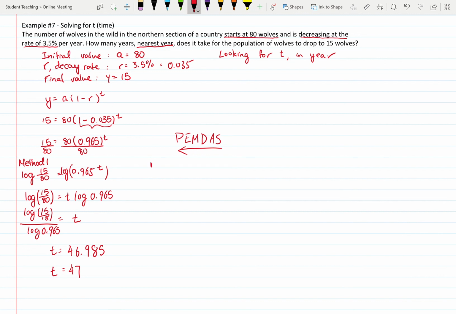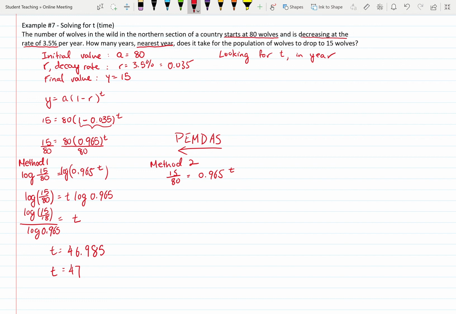Method 2 is by doing it this way. Let me write down what we have: 15 over 80 equal to 0.965 raised to t. Here, we know that the base is 0.965 and the result is 15 over 80.